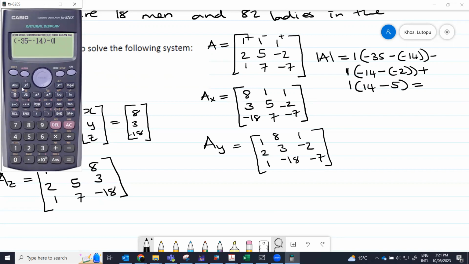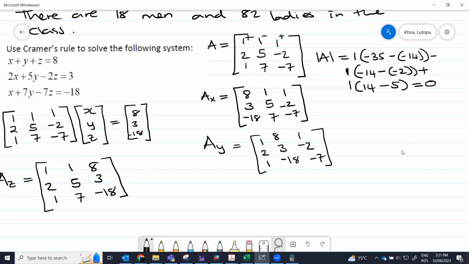Okay, minus negative 14 minus negative 2 plus 14 minus 5. Okay, and the answer is 0.